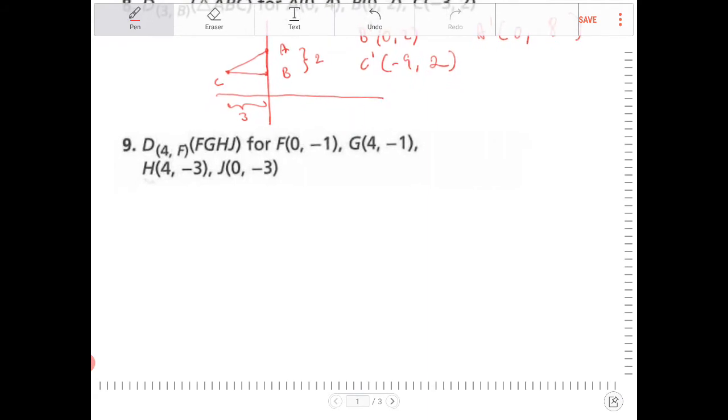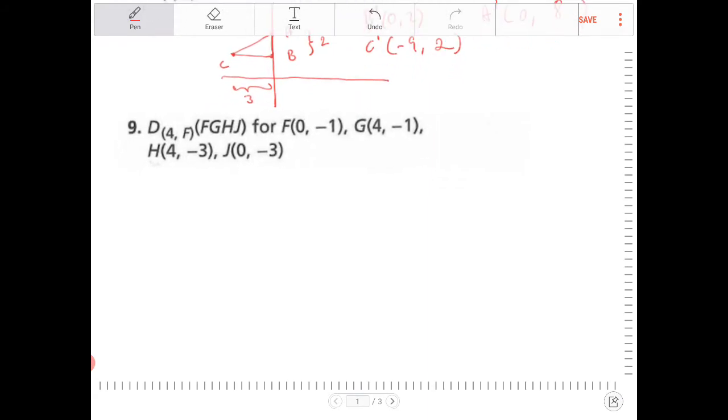Alright, so very similar, we're dilating it by a factor of 4 over point F. Now I have F, G, H, J. Okay, so I want to draw myself a grid. F is 0, negative 1.